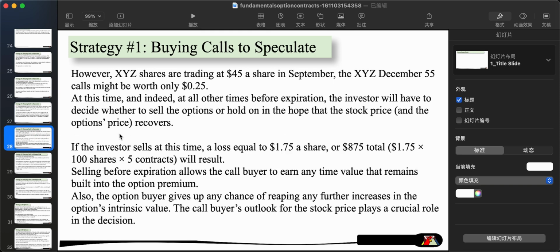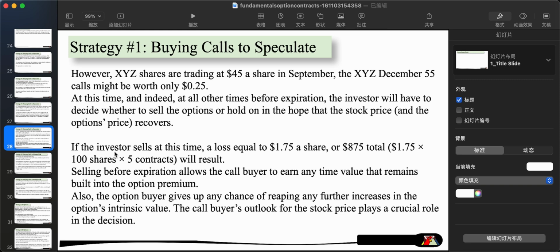However, if XYZ shares are trading at $45 a share in September, the XYZ December 55 calls might be worth only $0.25 at this time, and indeed, at all other times before expiration. The investor will have to decide whether to sell the options or hold on in the hope that the stock price and the option price recover.